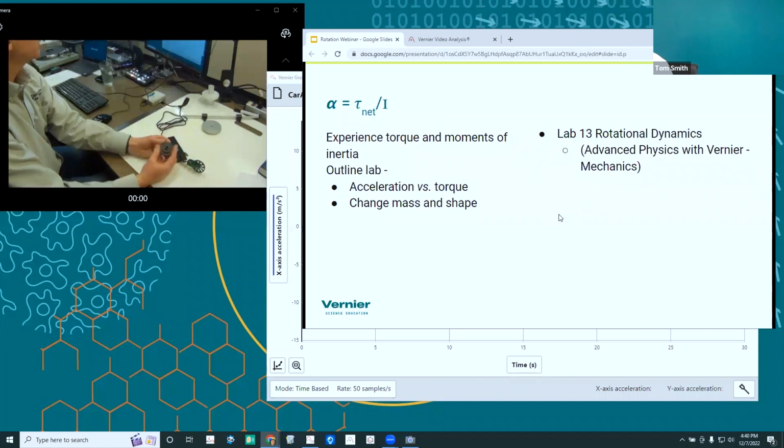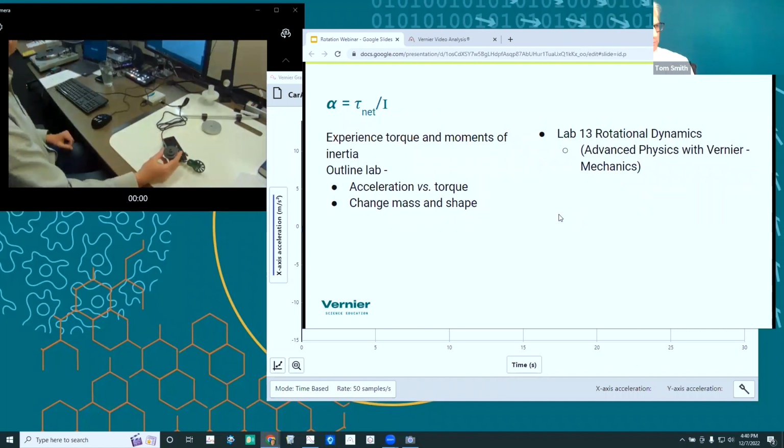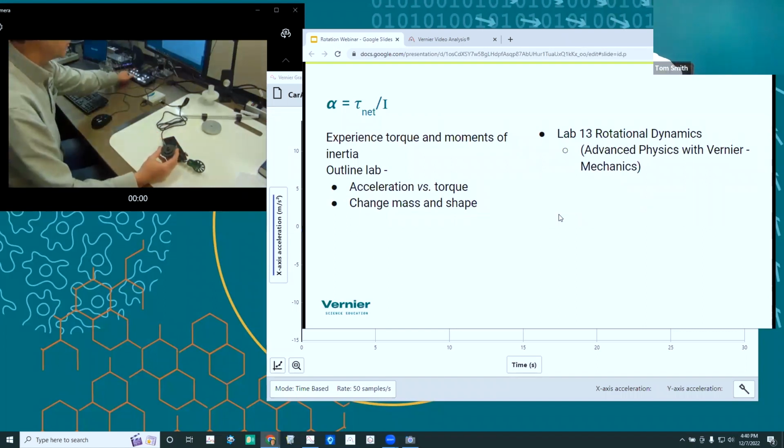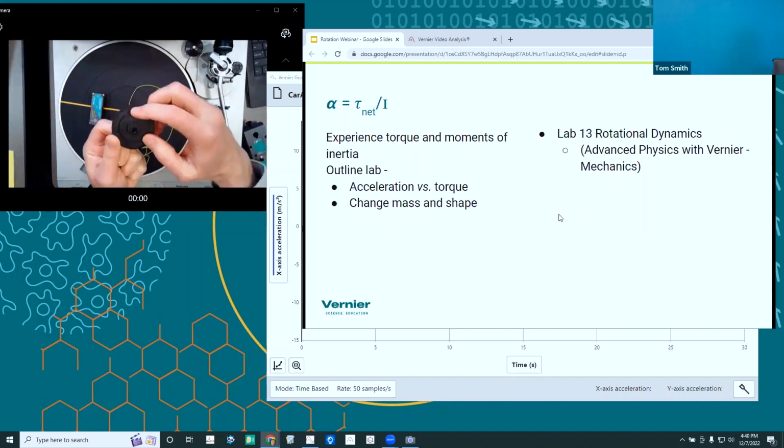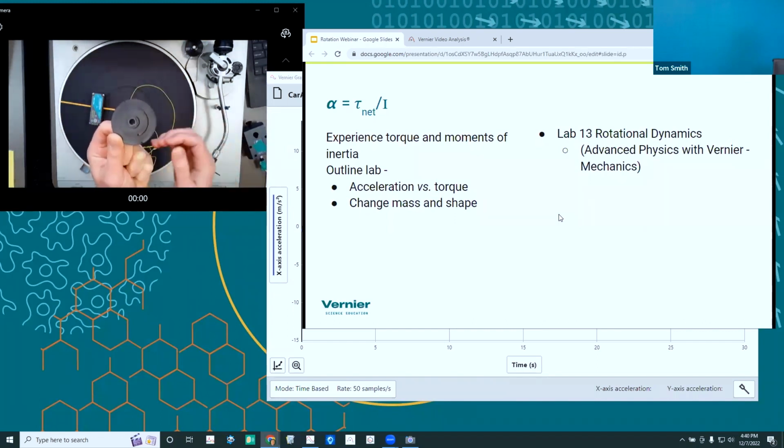I want to show you a couple things with this pulley wheel as well. I'm going to change cameras ever so briefly to demonstrate this. Let's see if I can show you this a little bit more clearly. So the pulley that comes with the rotary motion sensor has two sides to it. One has a slit on one end and the other has a hole on this side.